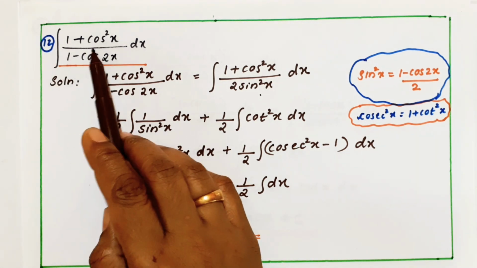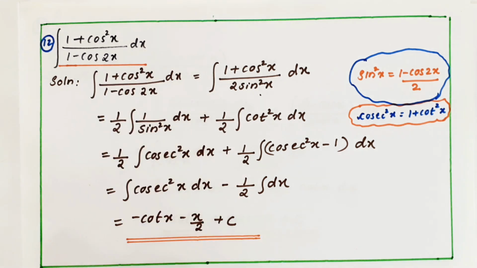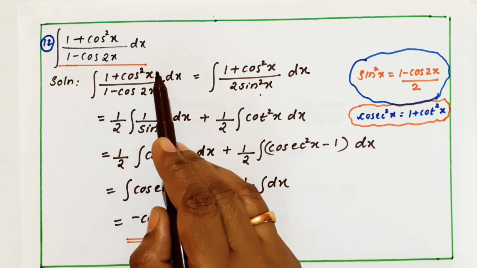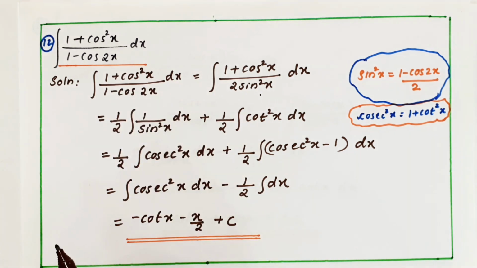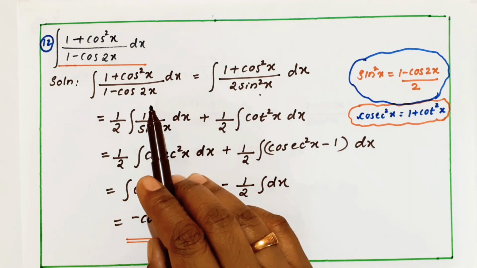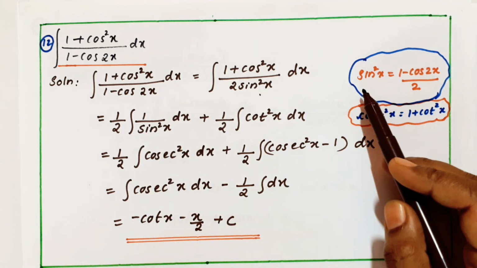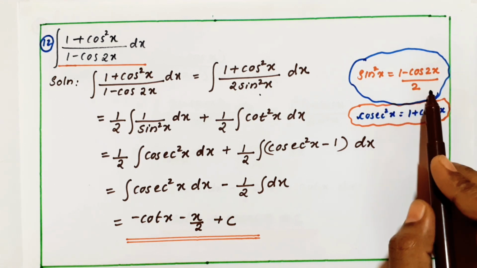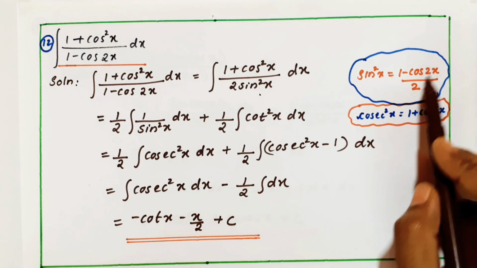Integral of 1 plus cos square x dx by 1 minus cos 2x. So the term is integral of 1 plus cos square x dx divided by 1 minus cos 2x. So here, after seeing this question, you have to remember few trigonometric identities. Sin square x we can write as 1 minus cos 2x by 2.